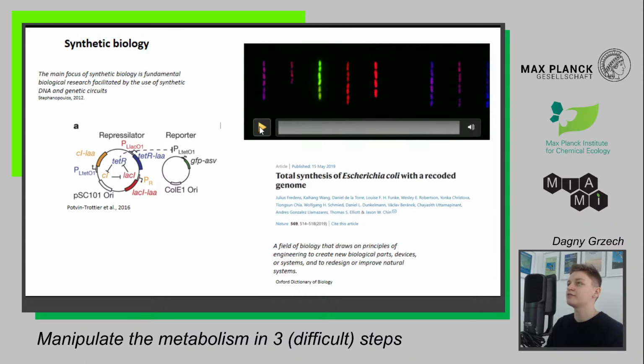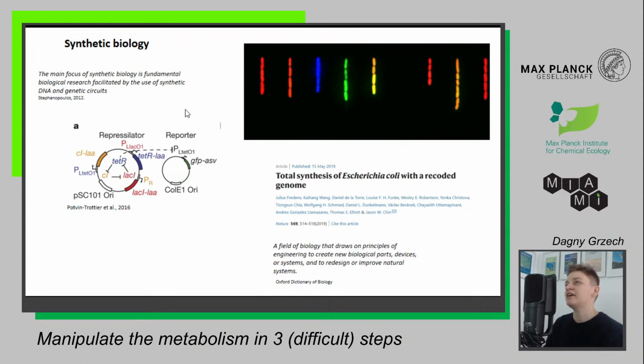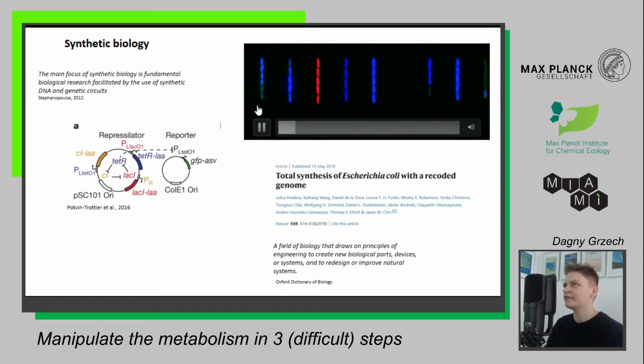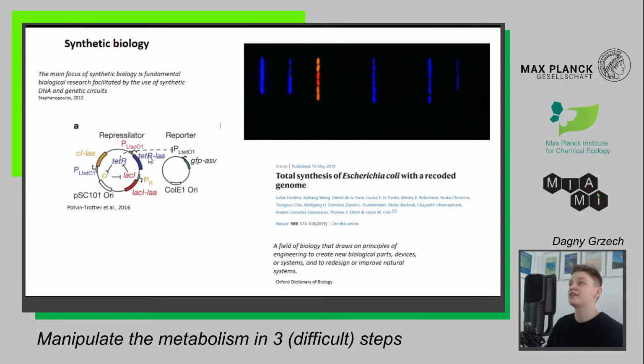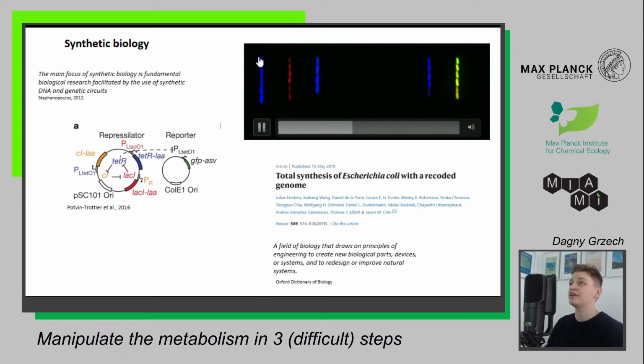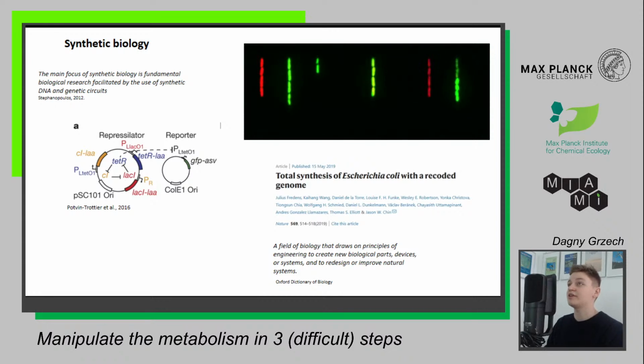So I have this quick video here where you can see E. coli cells going through a narrow capillary, and they are changing color. And this is due to the fact that these genes are expressed, and the negative feedback loop is working. So the cells are actually changing color depending on which gene is currently the expressed one.